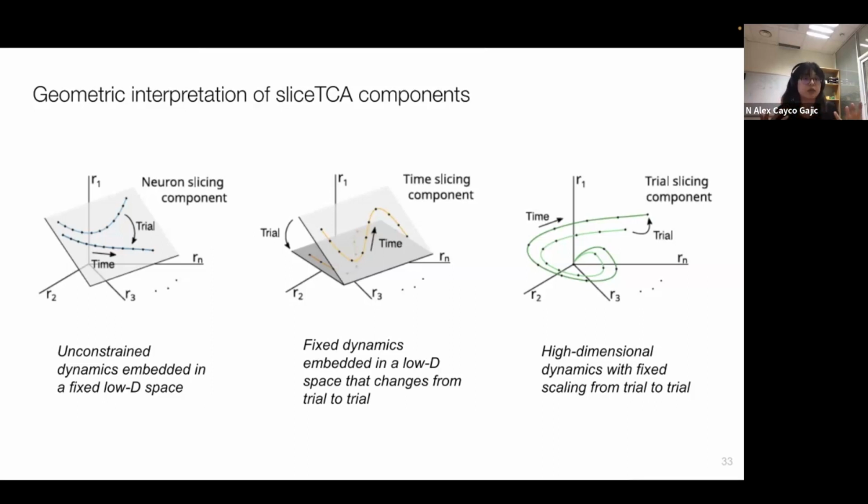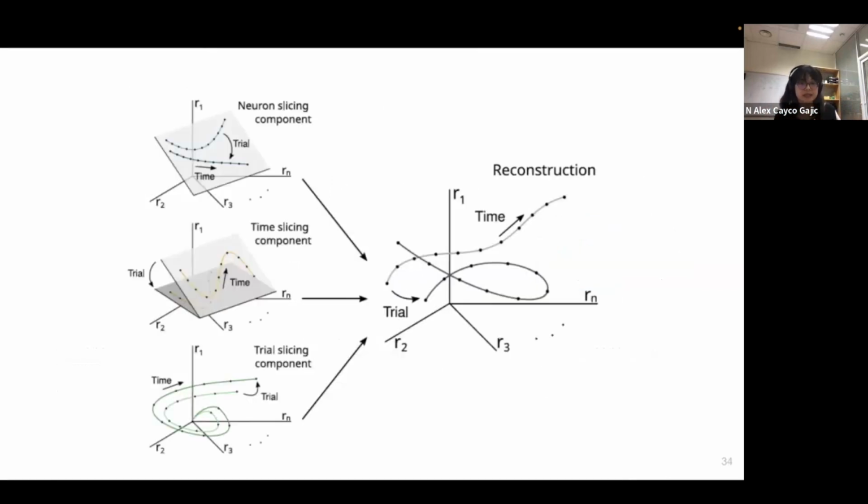And then of course, all three of these are combined to make the entire reconstruction of the data, which can look more complicated than any of these three at the same time. And so we think this is exciting because sliceTCA is maybe a method that's quite mathematically interpretable, but edges away from the low dimensional geometric view of neural latent representations.